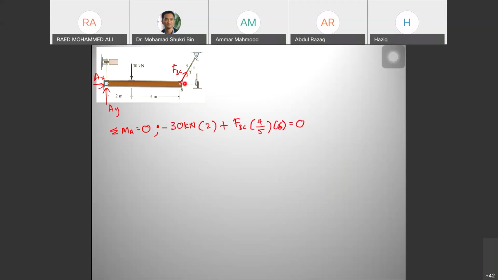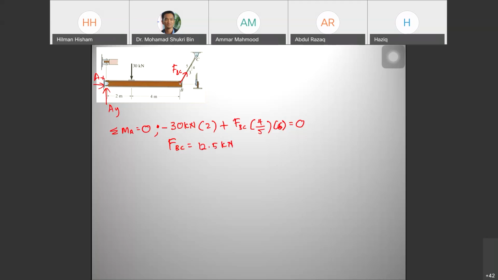FBCX doesn't have moment because it's in one line. FBCY has moment. So FBC you can solve directly: FBC is 12.5 kilonewton.